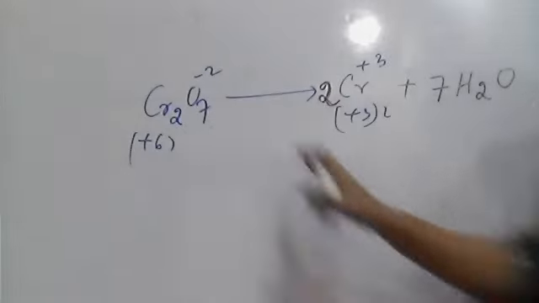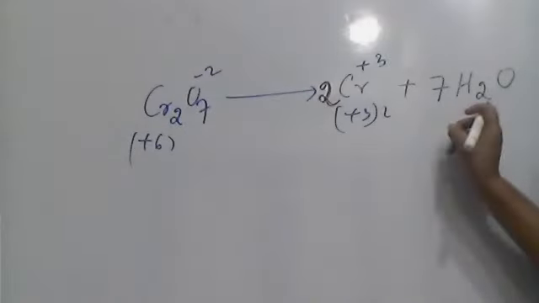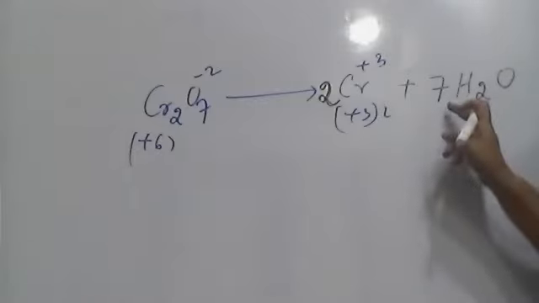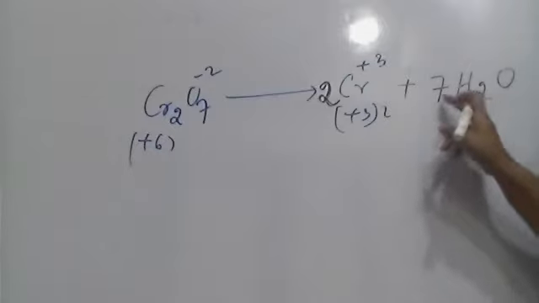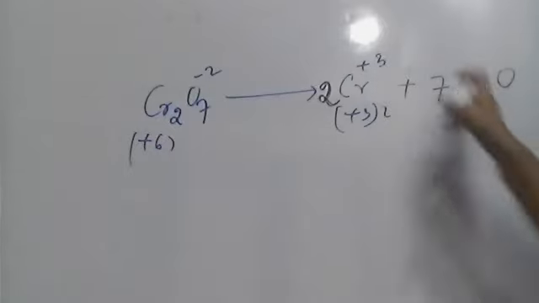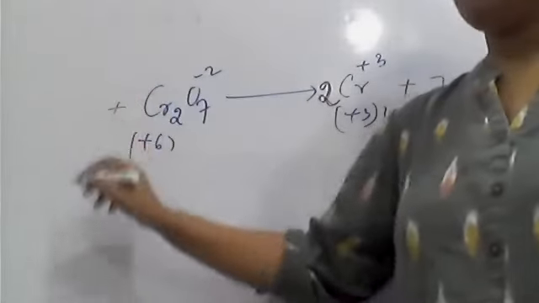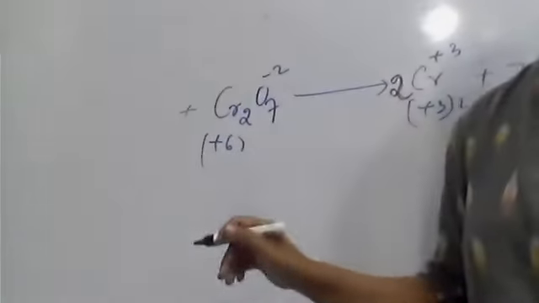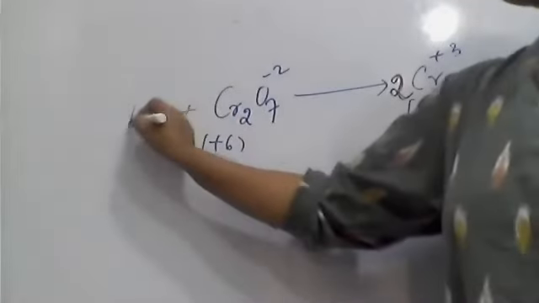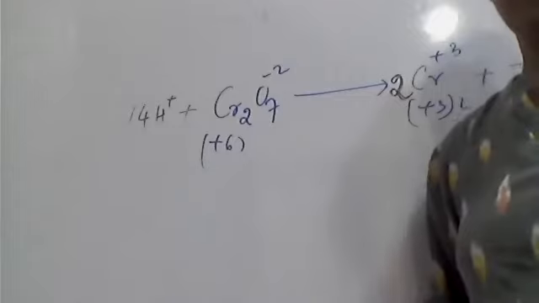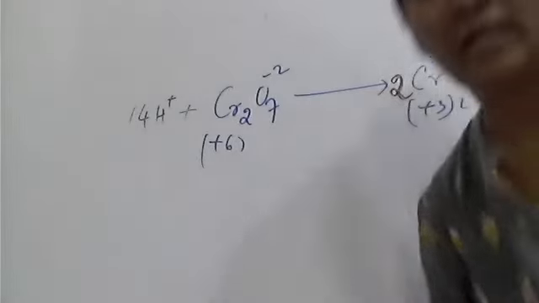But after adding the 7H2O, 7 2s are 14. 14 hydrogens are increased at right side. So therefore, on this side add hydrogens. How many required? 14. Since acidic medium, add 14H+. Is that clear?